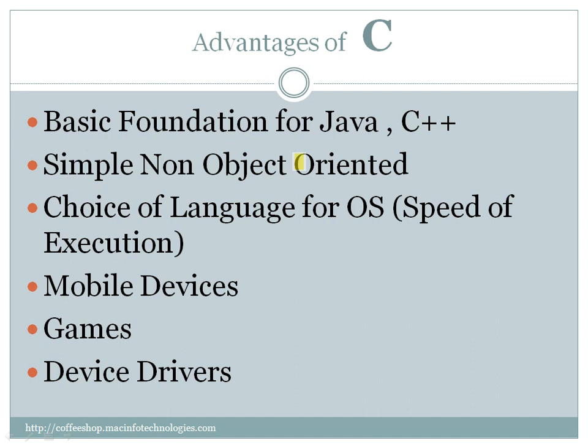All these use micro devices, microchips. These microchips are programmed using C programming because of the speed of execution and because the amount of memory required by these chips when we use C programming is very less. So mobile devices use C programming.